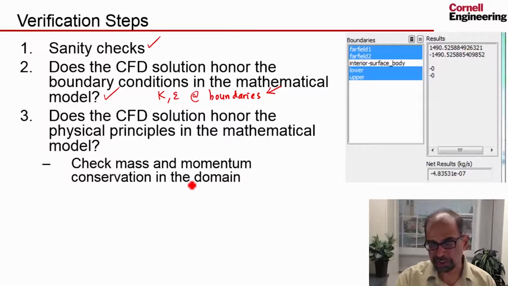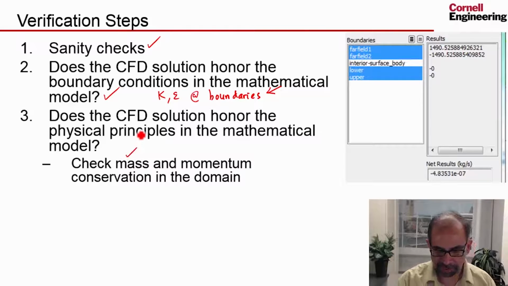So I went and checked for my own results, and I got a net mass imbalance of the order of 10 to the power of minus 7, which is a small fraction of the incoming mass flow rate. Make sure that you check this in Fluent, and this is a check that you should do for all CFD case studies. So you can exit out of CFD Post, bring up Fluent, and do this check.